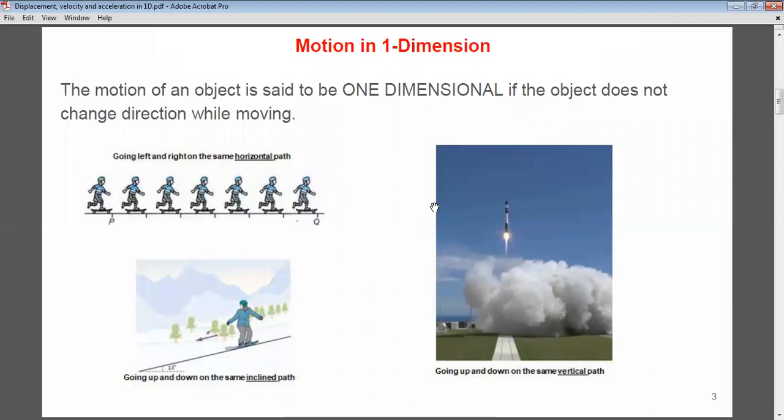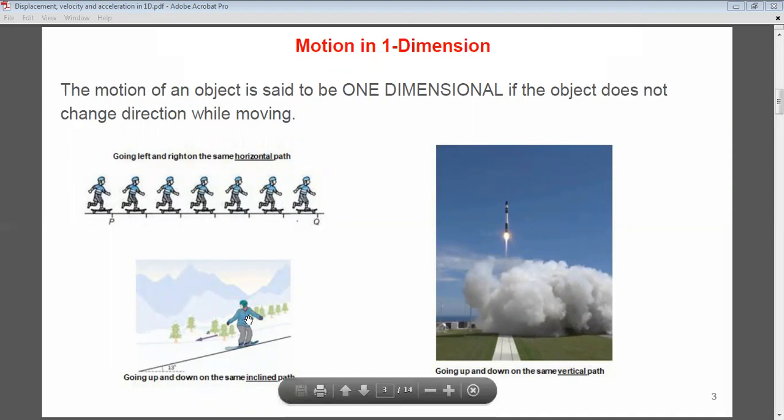So motion can be in many ways, but we will start by making our life much easier. We will start by motion in one and only one dimension. It can be like this guy over here. He is moving along this horizontal path.